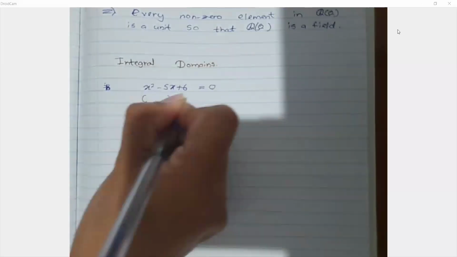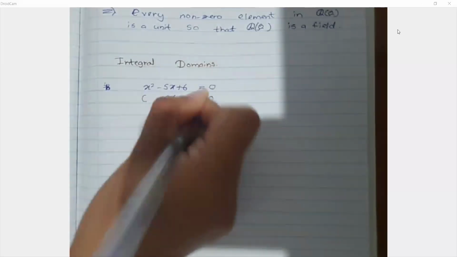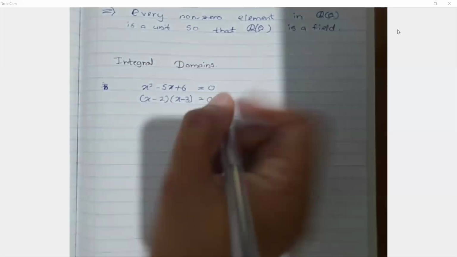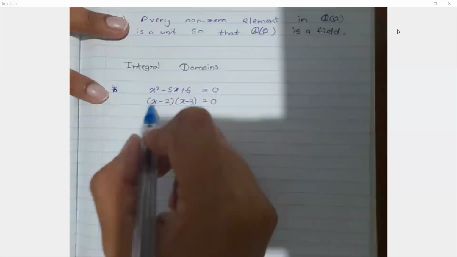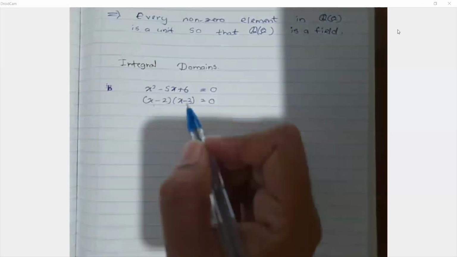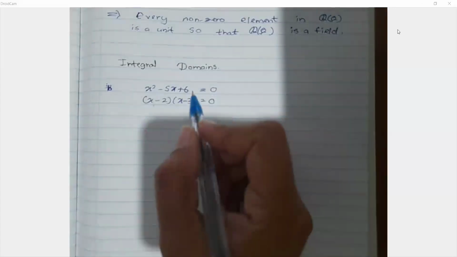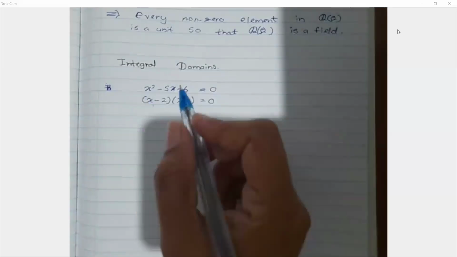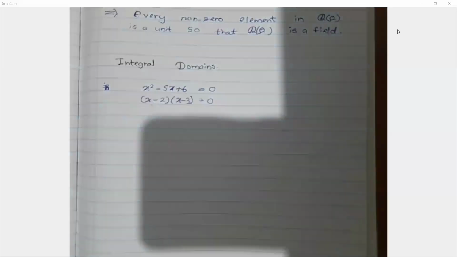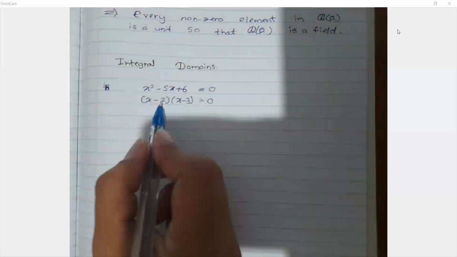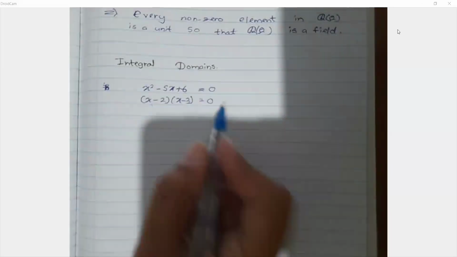So we see that this is simply x minus 2 and x minus 3, right? Say that all the coefficients are coming from Z. You have the product of two terms equal to 0.